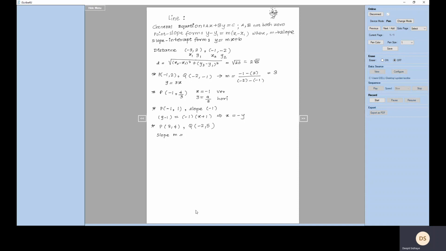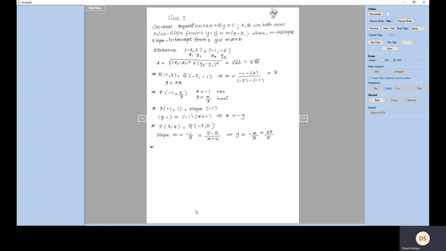The answer you should get is minus 1 upon 5. Then you can write the equation in terms of the slope, equating this same slope to y minus 5 upon x plus 2. When you rearrange these terms, you get y is equal to minus x upon 5 plus 23 by 5.